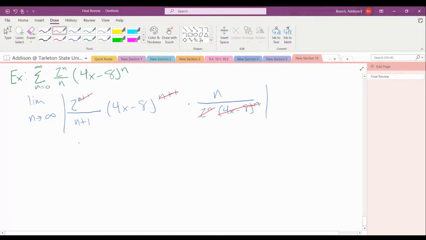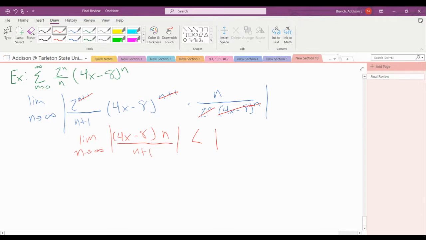So therefore we have our limit as n approaches infinity of 4x minus 8 times n over n plus 1. And we know for this to converge, this has to be less than 1.